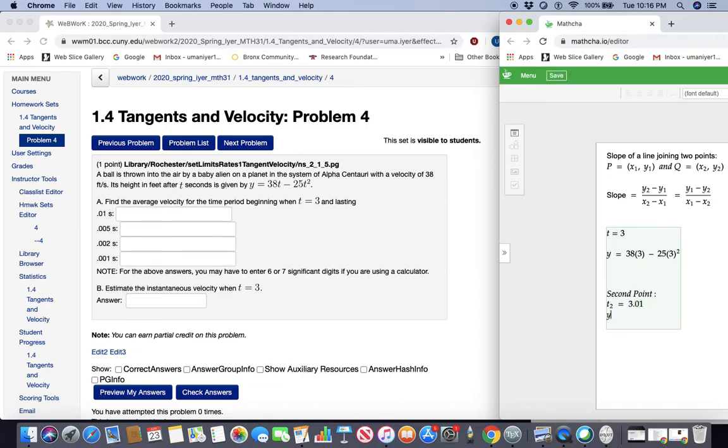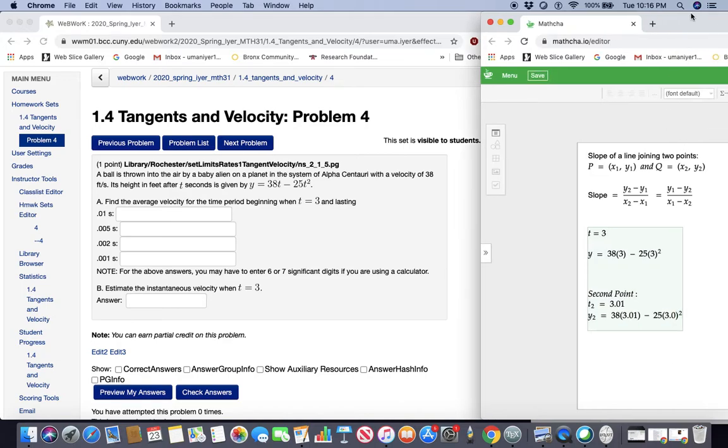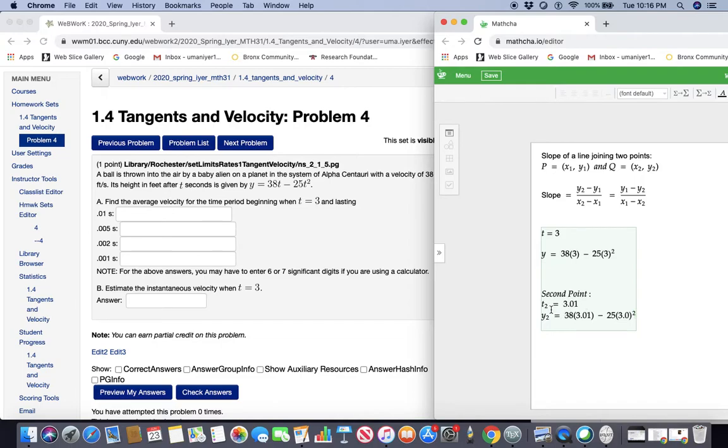So what is the second y? It is 38 times 3.01 minus 25 times 3.01 power 2. So you have 2 points: this is the second point, that's the first point. For good measure, let me call it first point t coordinate, first point y coordinate.